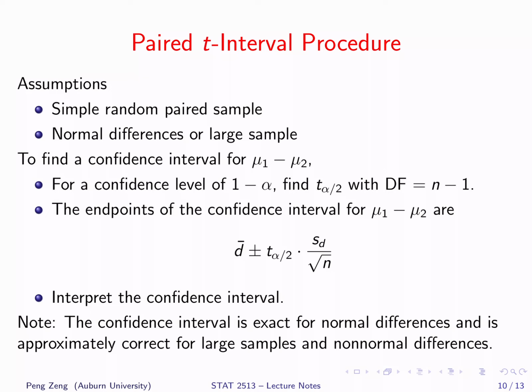Notice that the confidence interval has the general form of point estimate plus or minus margin of error. Last, make sure to interpret the confidence interval. Note that the confidence interval is exact for normal population, for normal differences, and is approximately correct for large samples for non-normal differences.